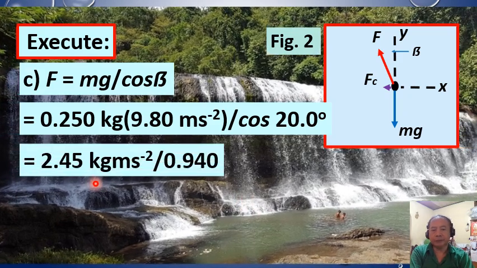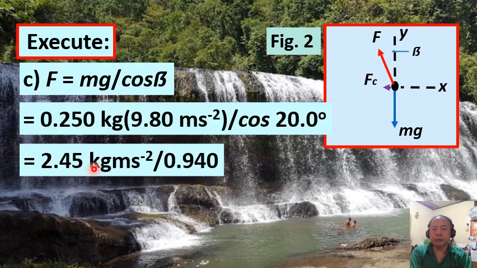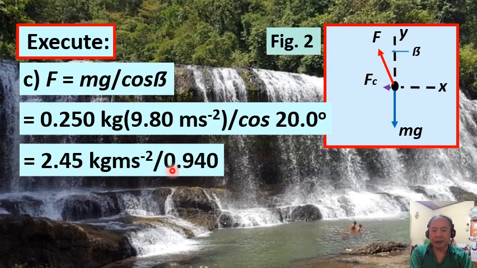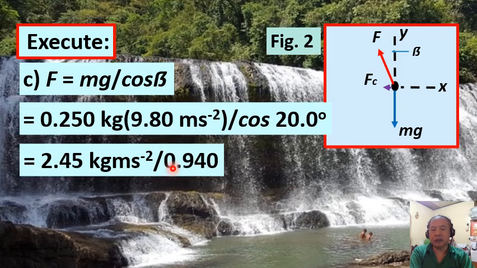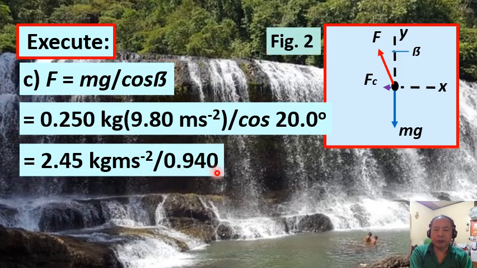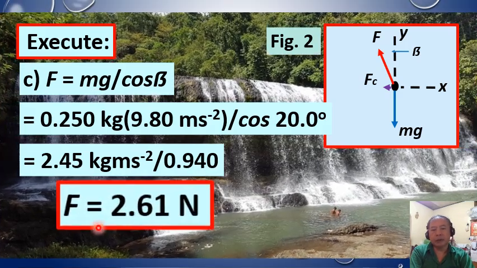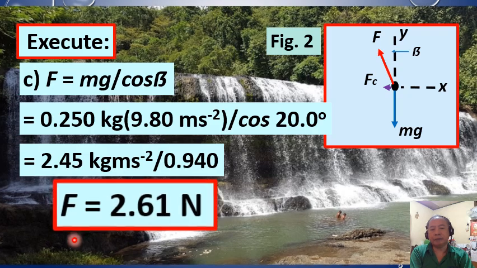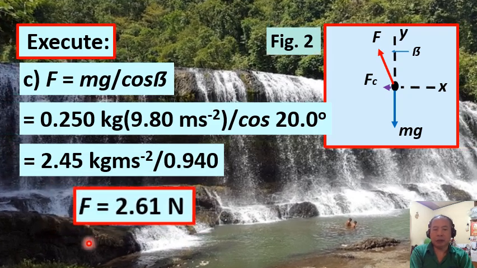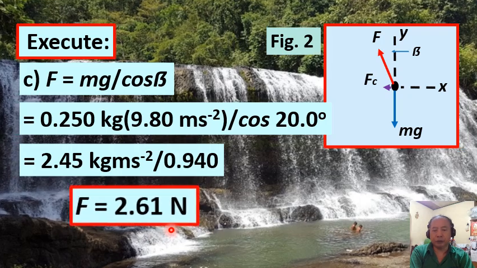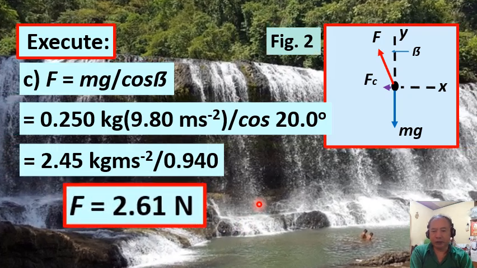Simplifying, capital F equals 2.45 kilogram meter per second squared, divided by the cosine of 20.0 degrees, which is 0.940. So, finally, the magnitude of the force F, or tension force, exerted by the wire equals 2.61 newtons, also rounded to 3 significant figures.